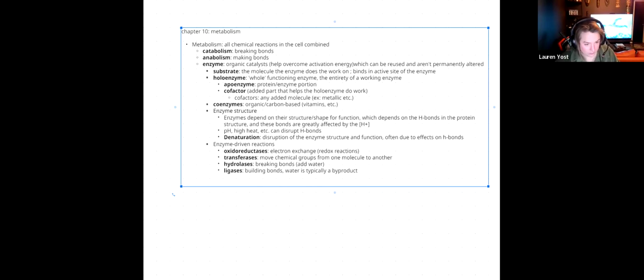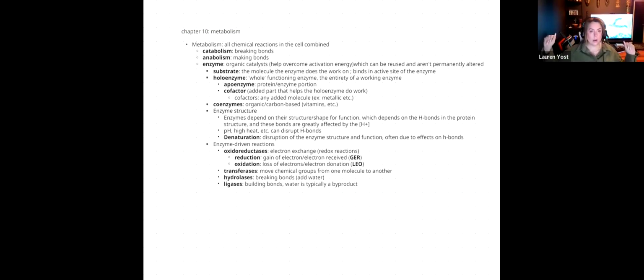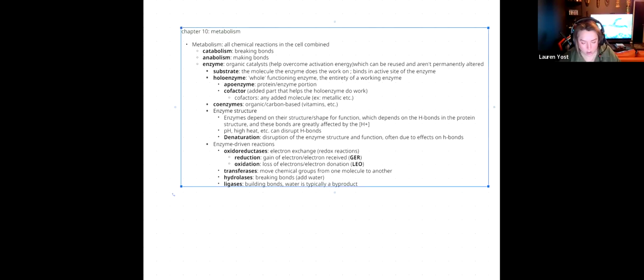Okay, that's better. So we have reduction is gain of electrons. Oxidation is loss of electrons. Loss of electrons, Leo, LE. O is oxidized. And then GER is gain electrons reduced. And that's how I remember it, or you can, of course, do what the book suggests, which is OIL RIG.